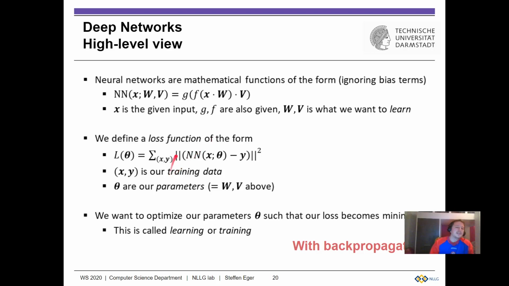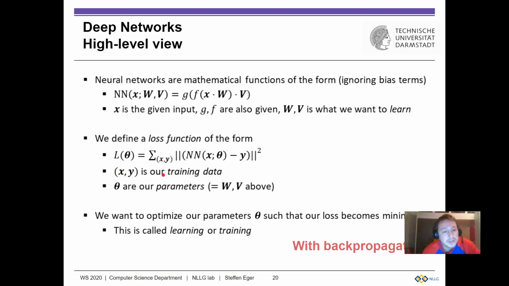And then if we want to train a neural network, and this slide here is maybe a little bit too complicated for you if you don't have a math background, but I just give it to those people that have some understanding of math. What we then do is we define a loss function. So we say we have a data set, and this is very typical for machine learning.